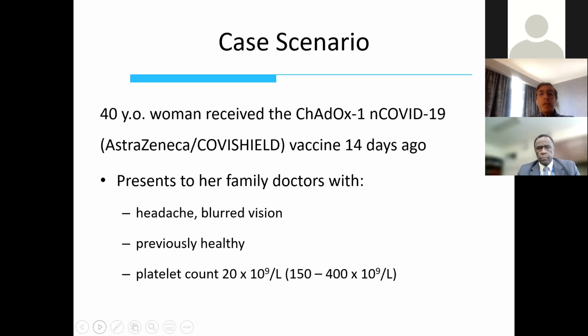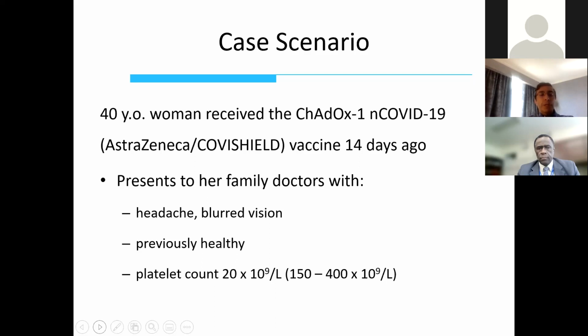A typical scenario would have been an early adult female, excuse me, a 40-year-old woman who would have received the first dose of the AstraZeneca vaccine, and around 2 to 3 weeks later would present to her family doctor, who, by knowing her, would know that she was previously healthy.